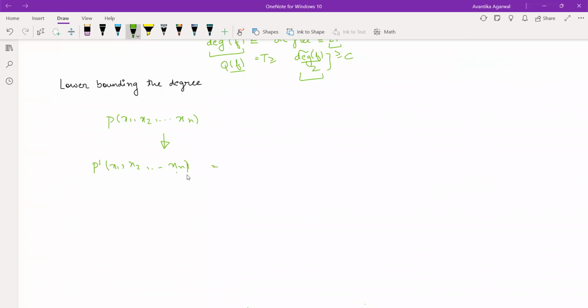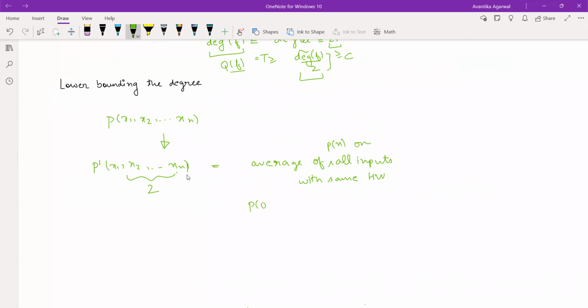So what I'll do is I'll take the average of all inputs with the same Hamming weight. Suppose this input has Hamming weight 2, then the value of p prime for this input would be the average of p(x) on all inputs with Hamming weight 2.